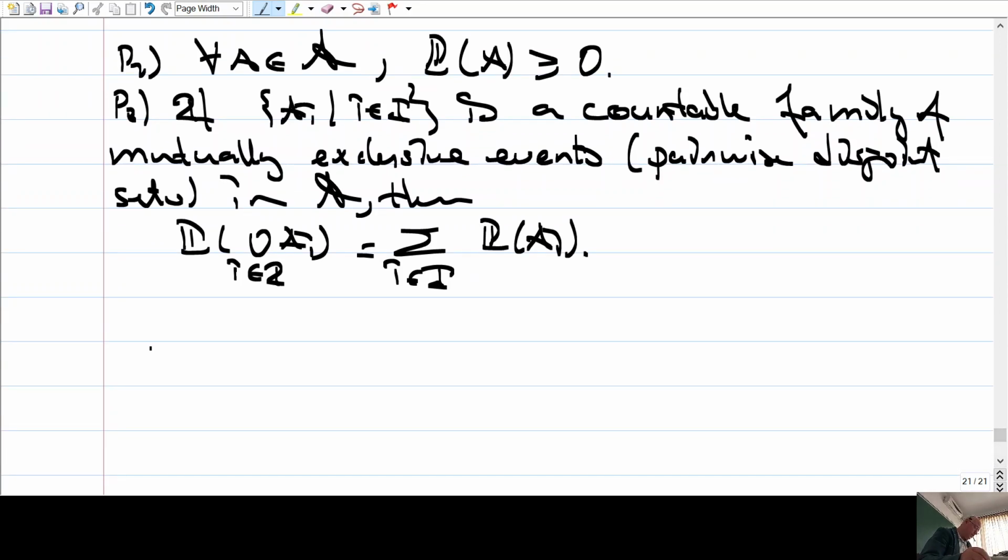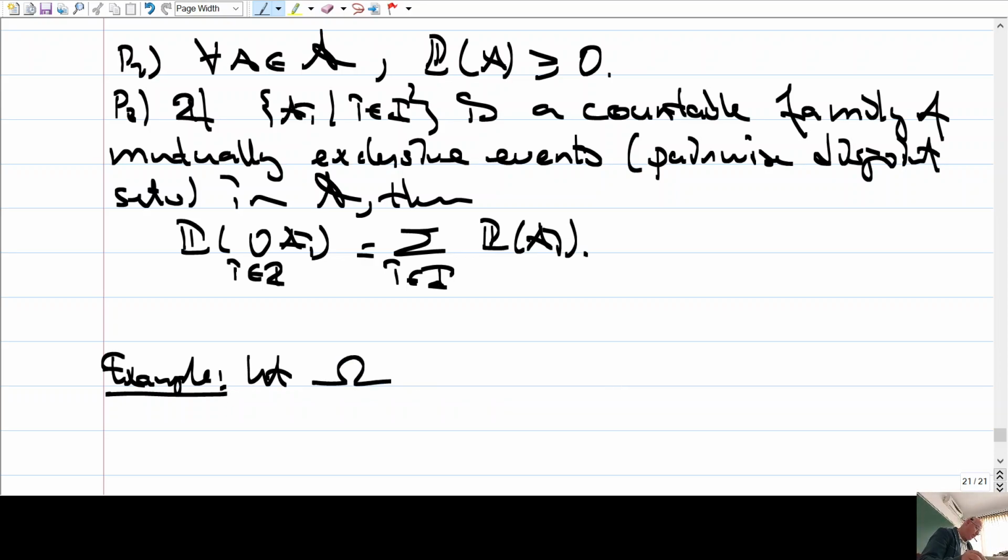Here is an example. We have seen already some examples, but they were not probability measures because none of them had total mass 1. This is a probability measure.